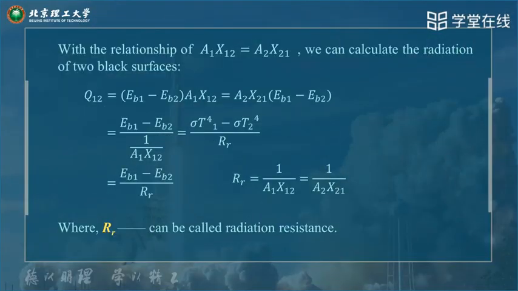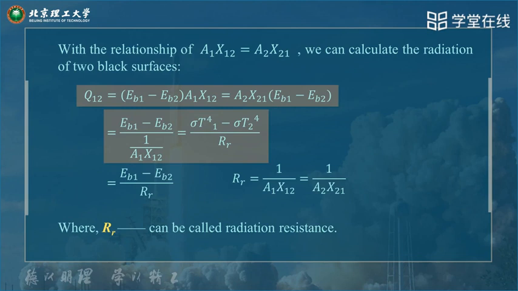With the relationship A1 times x12 equals A2 times x21, we can calculate the radiation of black surfaces. So Q12 equals EB1 minus EB2 times A1 x12. It also equals A2 x21 times EB1 minus EB2. It also equals EB1 minus EB2 over 1 over A1 x12.